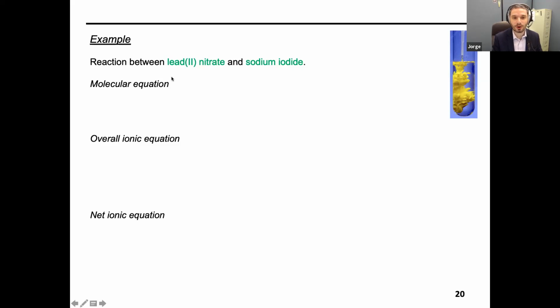I'm going to always start with the molecular equation, considering the compounds in the molecular formula, and then we will move on to the overall ionic equation and net ionic equation. Our first example is lead nitrate and sodium iodide.